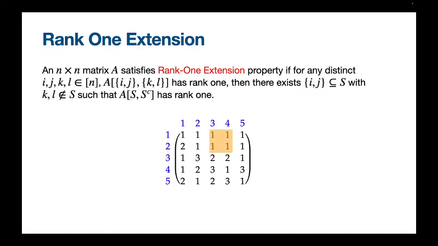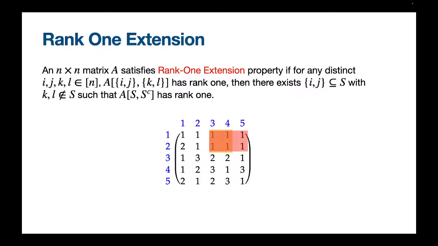So here is an example. This is a 5 cross 5 matrix, and here is a 2 cross 2 submatrix of rank 1. Note that its column indices are 3, 4, and row indices are 1, 2. These are disjoint. We can extend this and get another submatrix which contains this smaller submatrix. It also has rank 1, and it covers the whole index set.